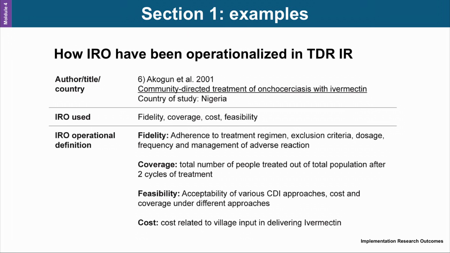Coverage was measured as the total number of people treated out of the total population after 2 cycles of treatment. Feasibility was operationalized as the acceptability of a range of community-directed ivermectin approaches and the cost and coverage under different approaches. And finally, cost was measured as all costs that the villages spent in delivering ivermectin.